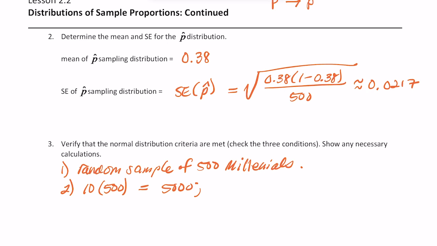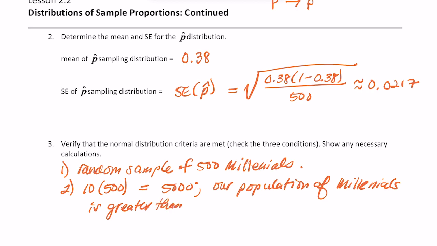So we know that there's way more than 5,000 millennials, right? So we're good for that. So we could put something like our population of millennials is greater than 5,000.